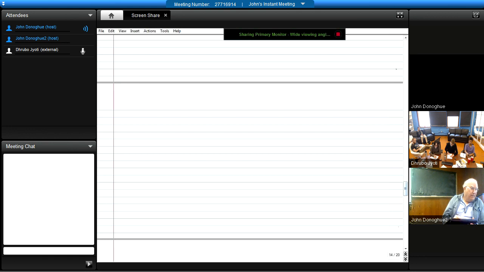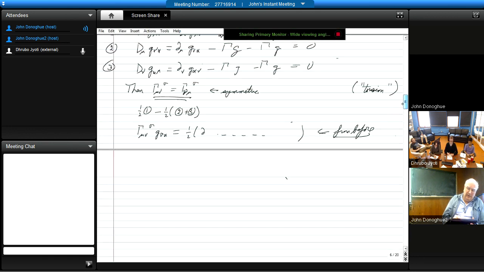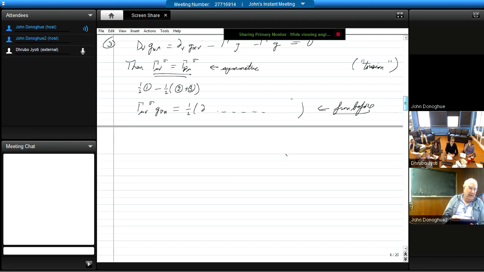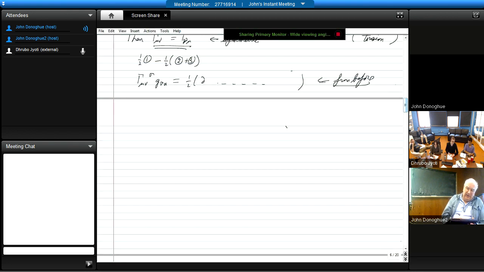So done with deriving the connection. We set out to get to the curvatures. I'm heading towards the definition of curvatures.